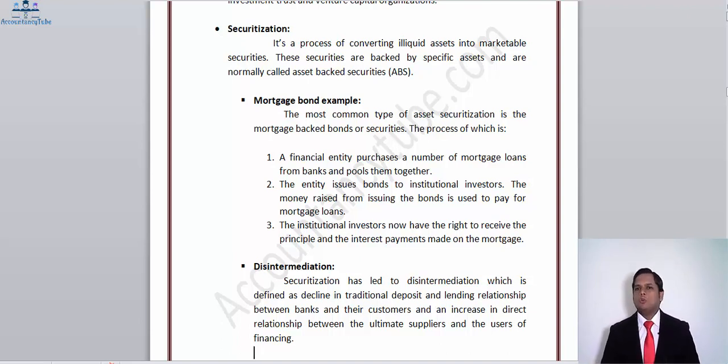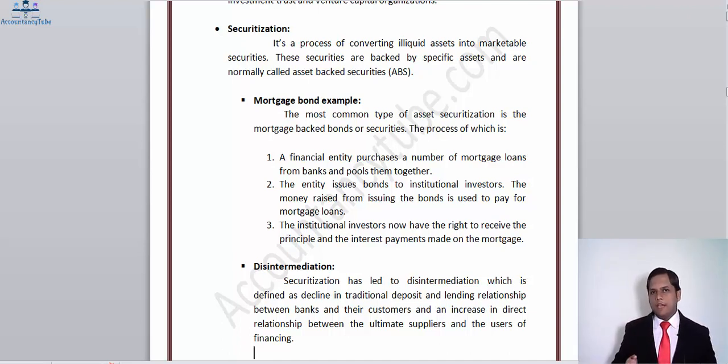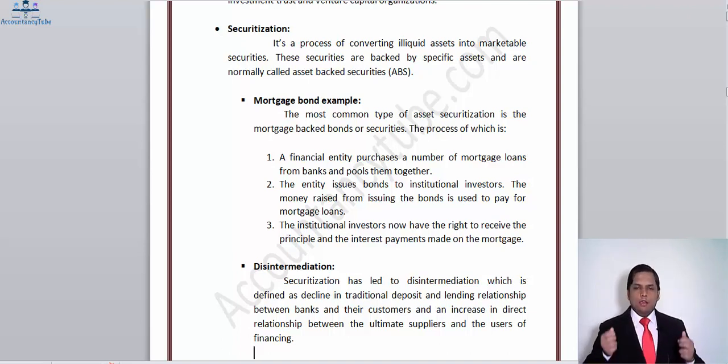Either it could go to the bank to obtain a loan, or it can issue its shares in the stock market, which I've just told you about. Or it can go to the bank and turn to securitization. It can use its plant as security to obtain the finance.